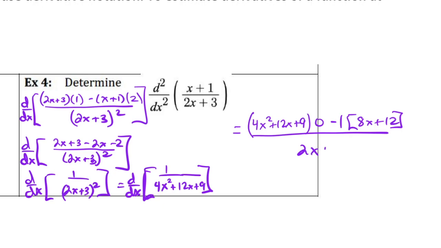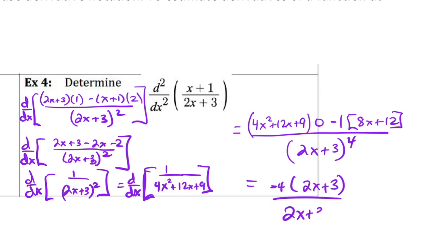I'm going back to 2x plus 3 quantity squared, which makes it 4. Clean it up, and I will have a negative 4 times 2x plus 3 over the quantity 2x plus 3 to the 4th power. One last simplification, and we are done with the problem.